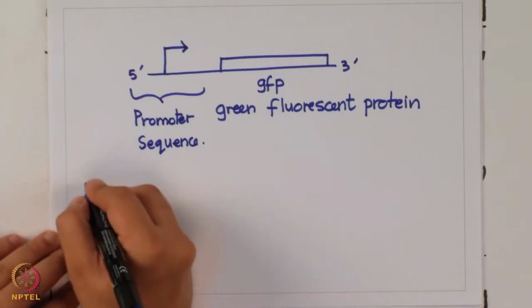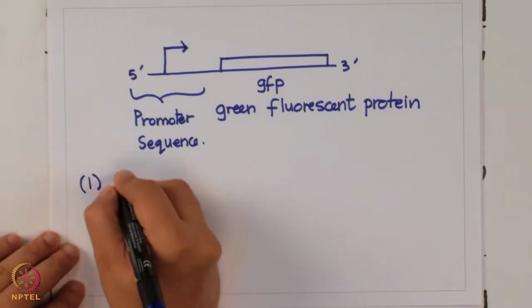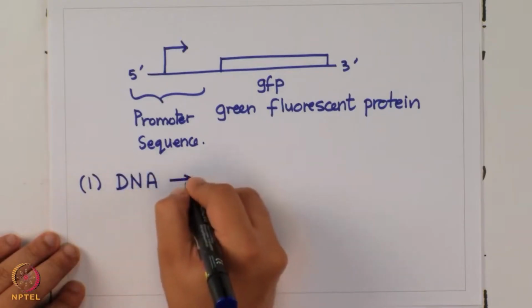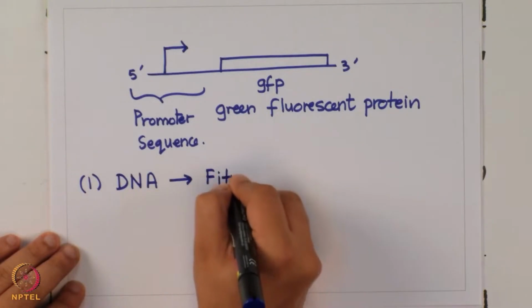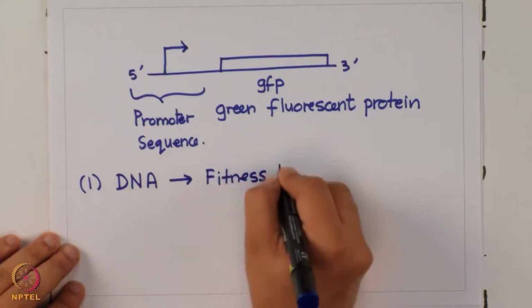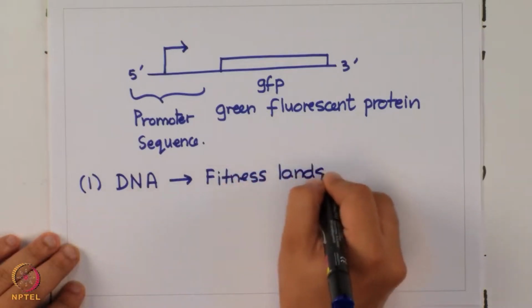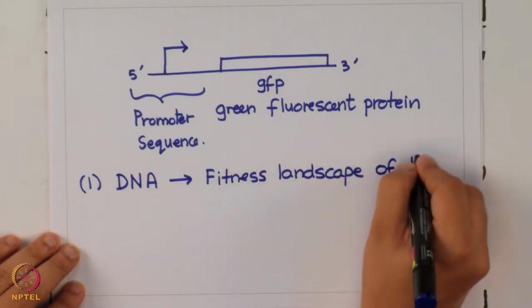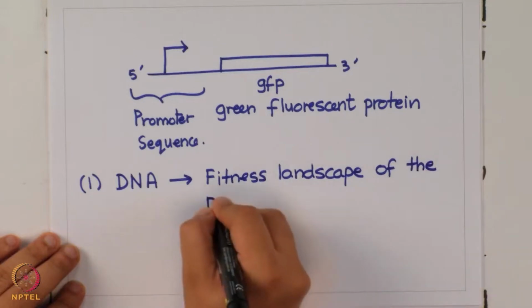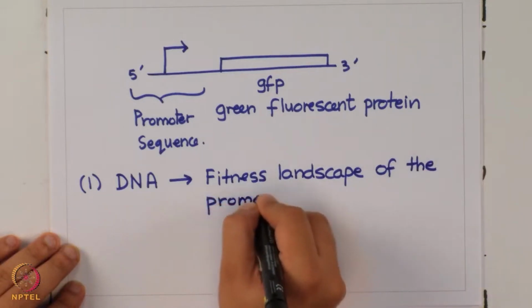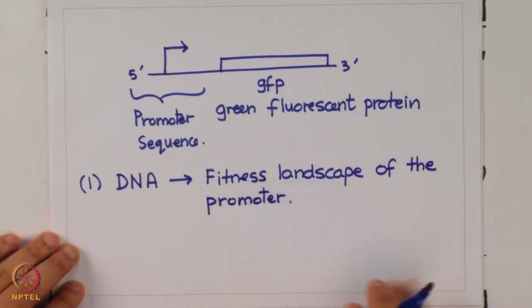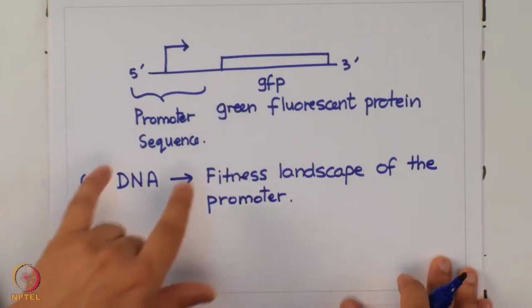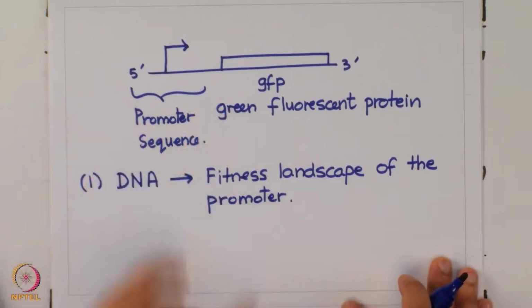So first, when we are talking of fitness landscapes associated with DNA, what we are going to be looking at is the fitness landscape associated with the promoter. So I am interested in this bit of the DNA sequence, and I want to understand the fitness landscape associated with the promoter.